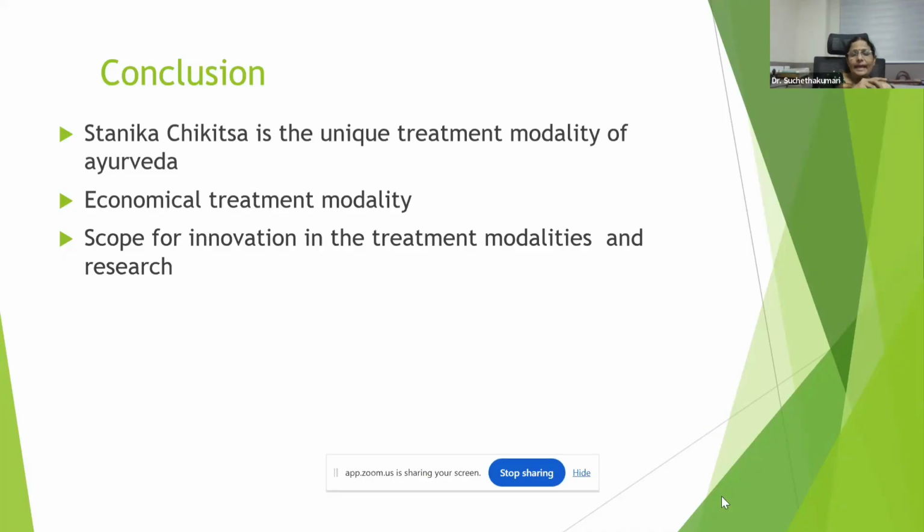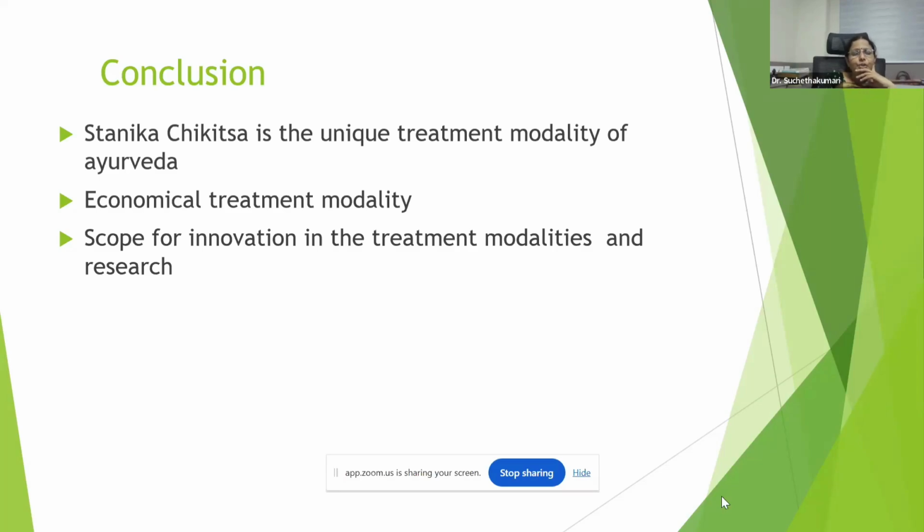Some innovations can be thought of so that the Sthanika Chikitsa will be useful for the coming generation also in a new presentation. Okay, and also there is wide scope of research.